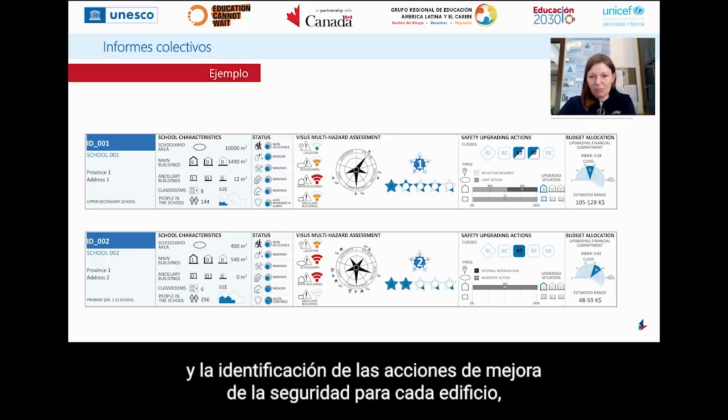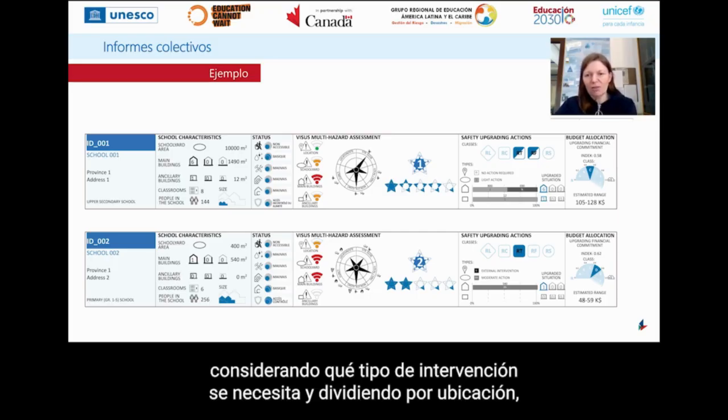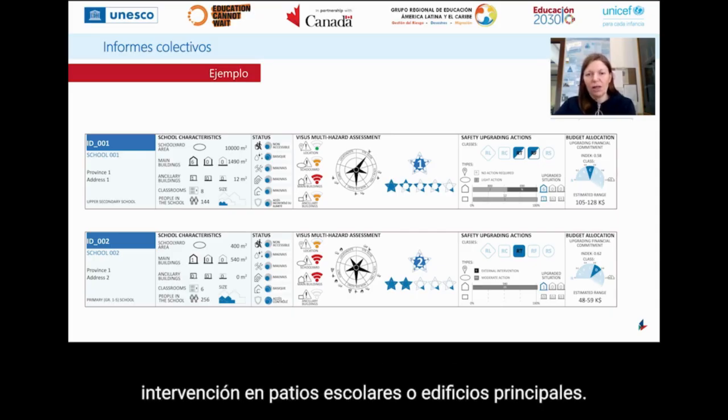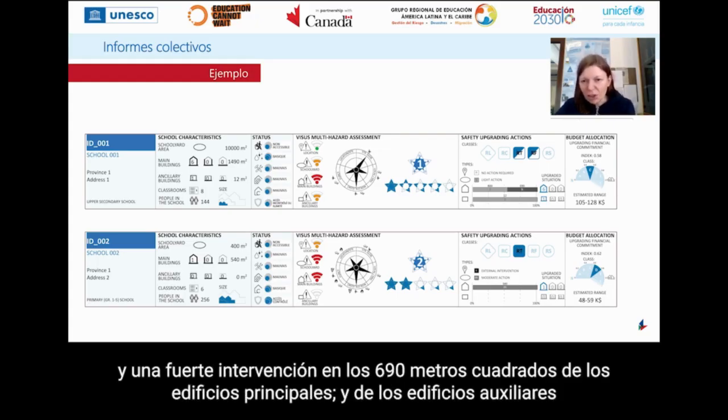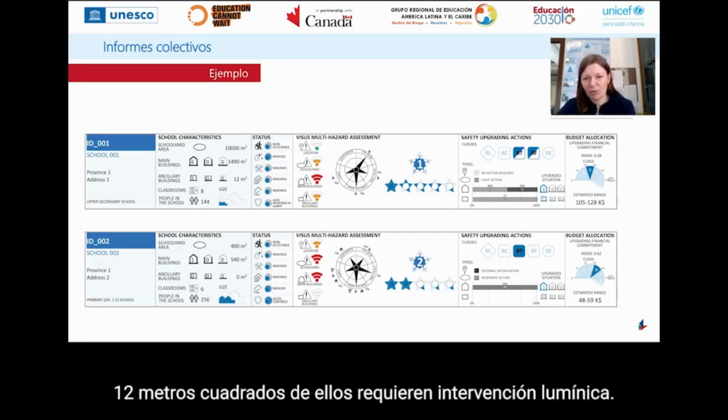And the identification of the safety upgrading actions for each building, considering what type of intervention, and dividing location, schoolyard, intervention on main buildings. So in this case, there are light intervention on 800 square meters of main buildings, and heavy intervention on 690 square meters of buildings, and ancillary buildings, so 12 square meters of buildings require light intervention.